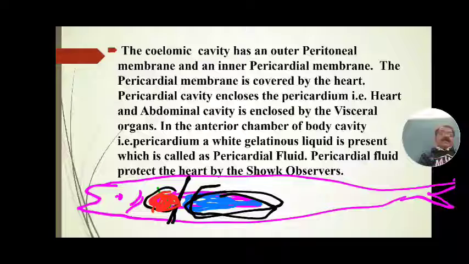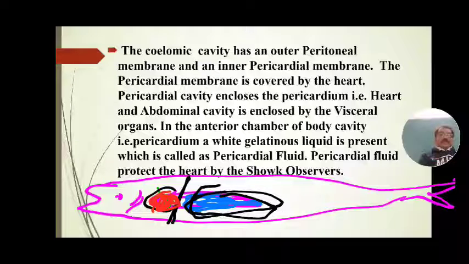This pericardial fluid is very important and useful, because it protects the heart from injury. It acts as a shock absorber, like the shock absorber found in your vehicles.